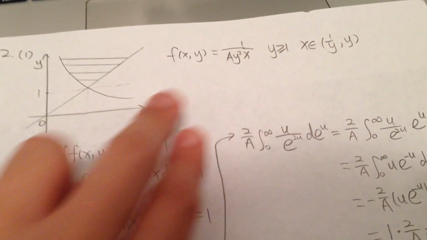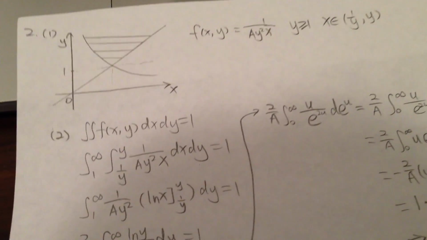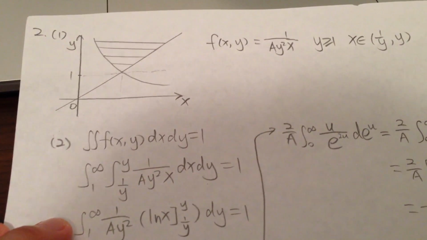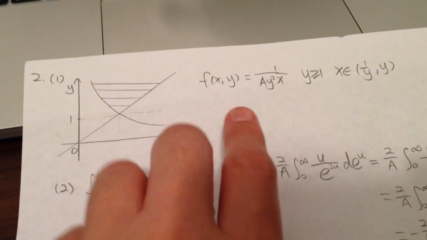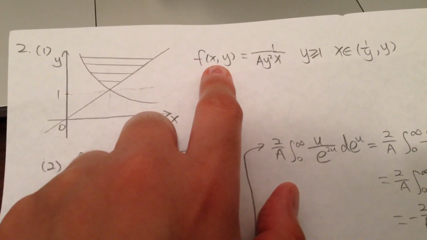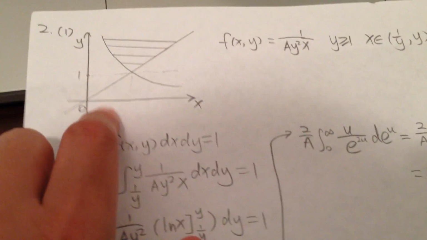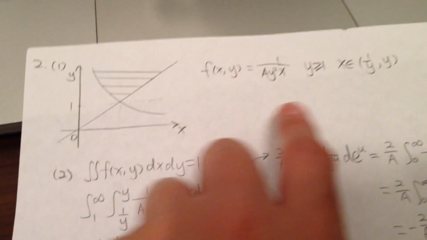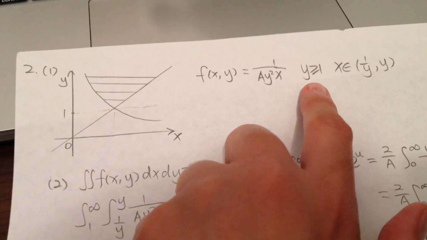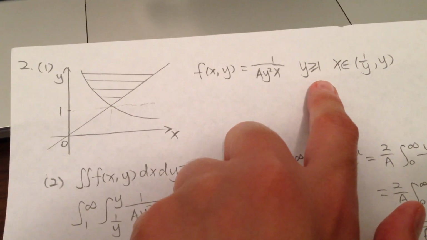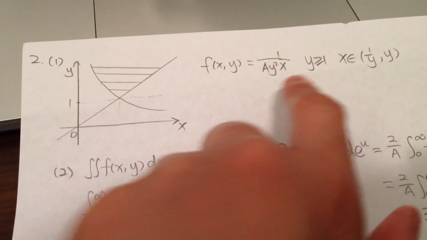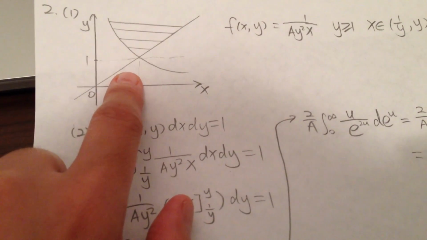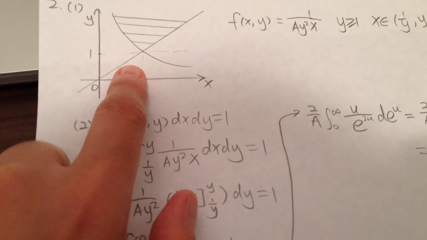So for the first question, we should draw the non-zero definition region of f(x,y). Then we will use some baselines. Since y is greater than 1, y equals 1 could be one baseline.